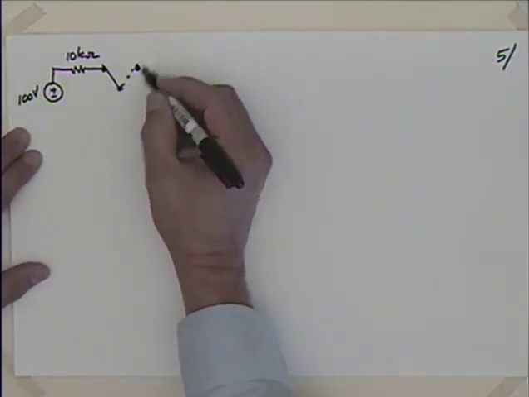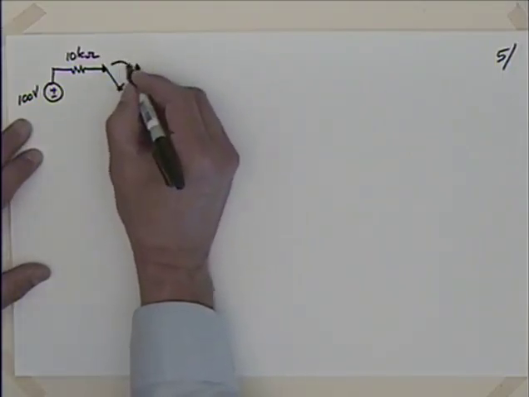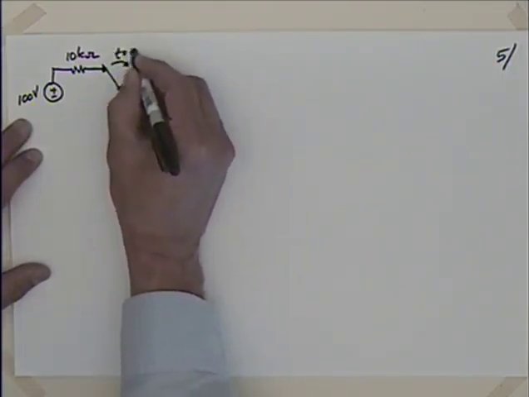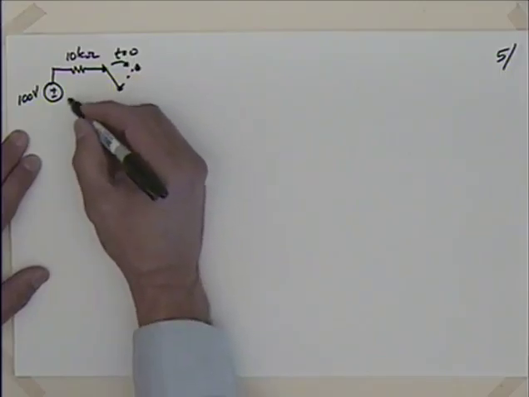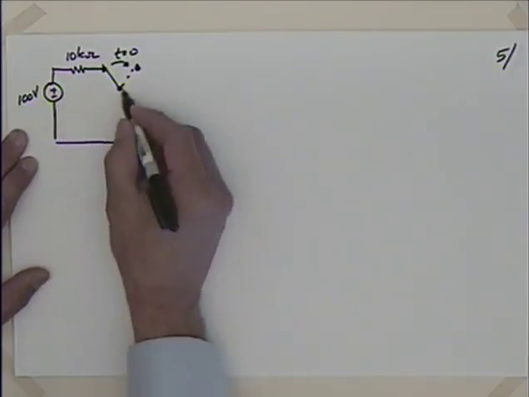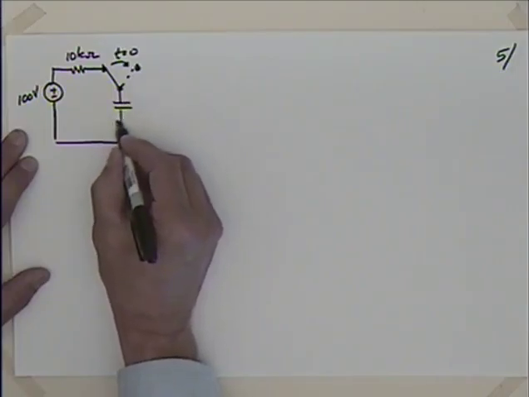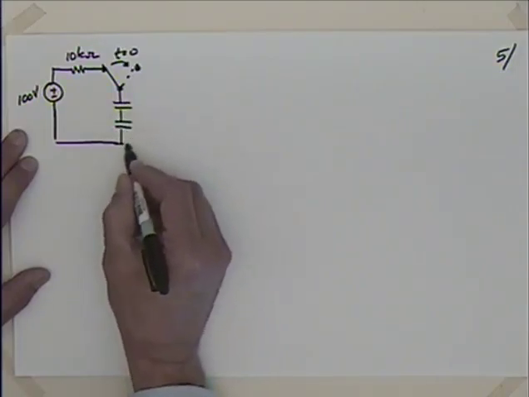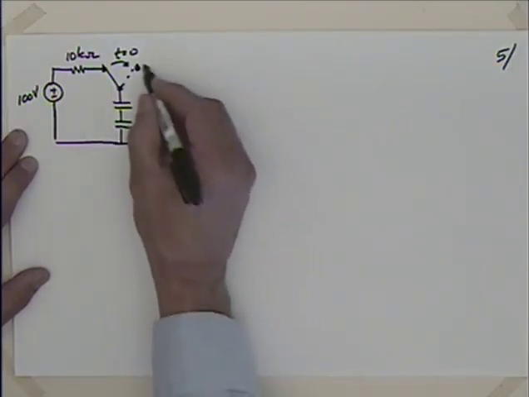So it's not open or closed, it's just in a new position. We're going to say it makes this transition at t equals 0. And we're going to put a couple of capacitors in here. Keep things interesting, make sure we remember our fundamentals.